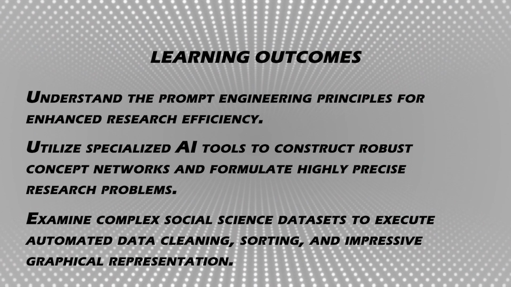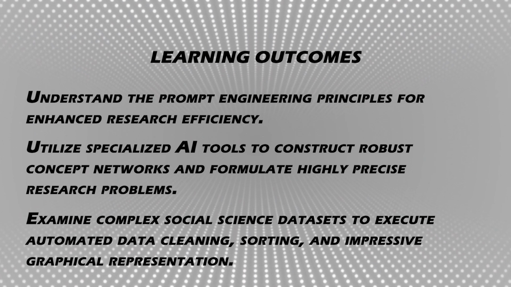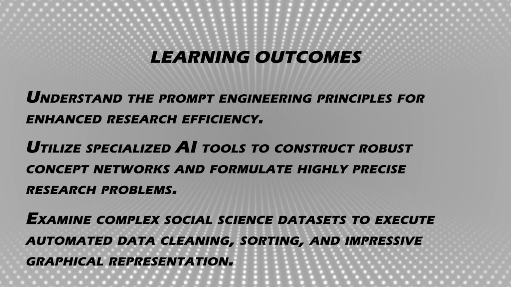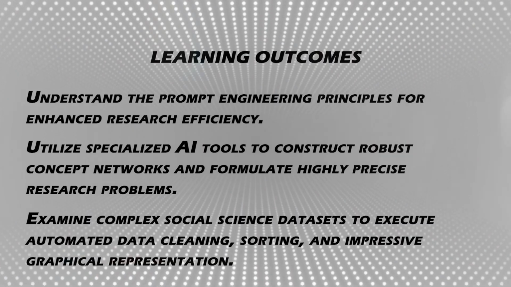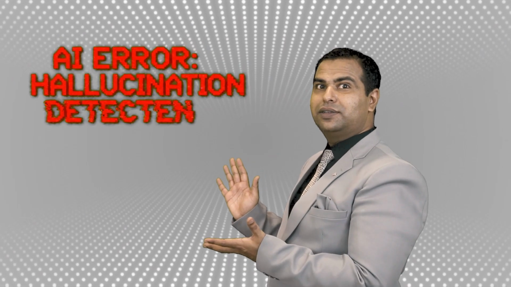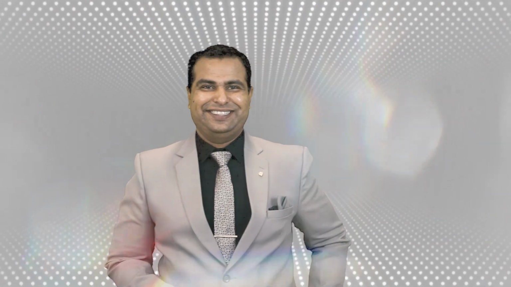Examine complex social science data sets to execute automated data cleaning, sorting, and impressive graphical representation. Then compile citation-rich AI-augmented literature reviews using large language models while actively mitigating potential academic hallucinations. Design an original and ethical research project.